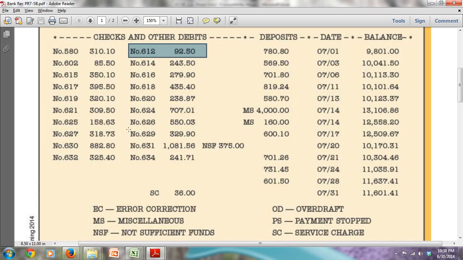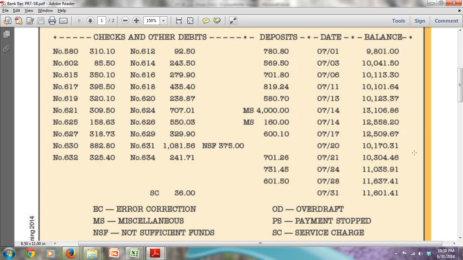It's skipping one. I don't see check 628, so we've got to write that one down. Make sure to enter that in on the bank rec. 629, 30, 31, 32, and it looks like 633 is a reconciling item, because I don't see that one clearing. And then there's 634. So those are our other 2 checks. Check number 628 and 633. Okay?